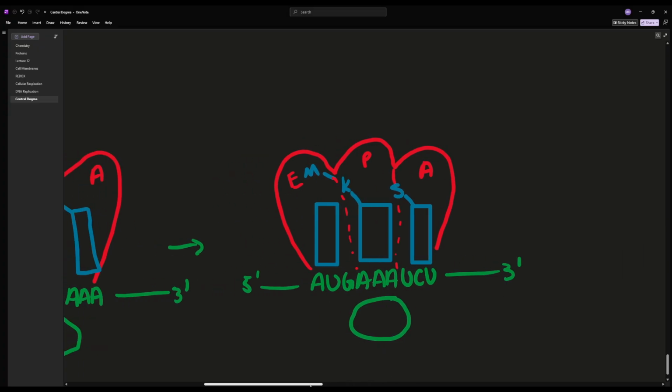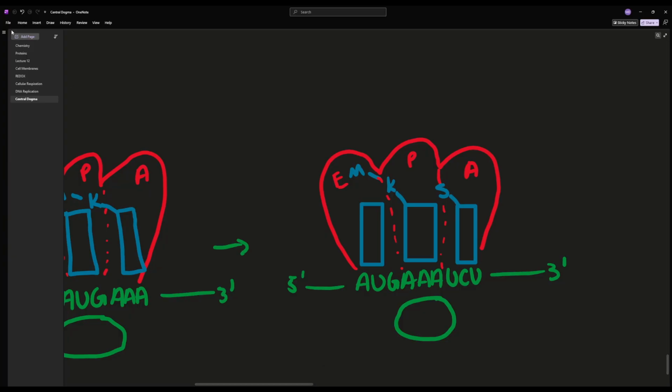So this is just going to keep on repeating until we get to the stop. Now, once these uncharged tRNAs are in the E site, they get ejected out. Okay, so this is our ejection. And this basically just keeps tRNAs cycling on through.